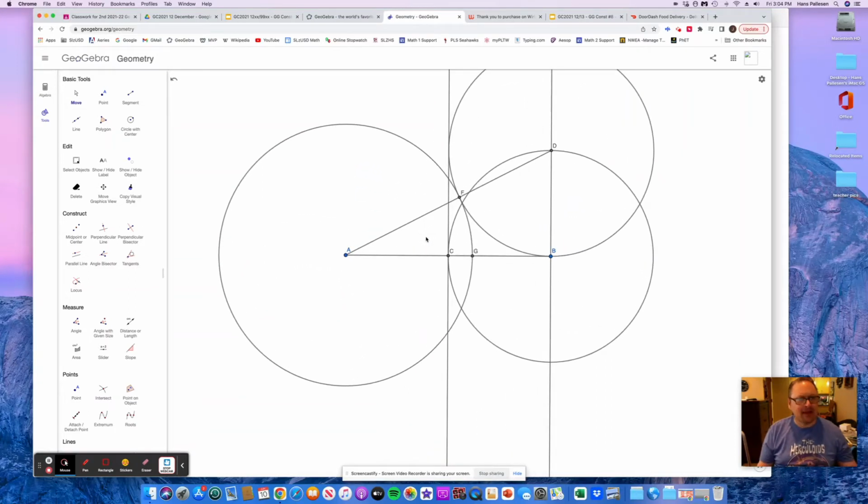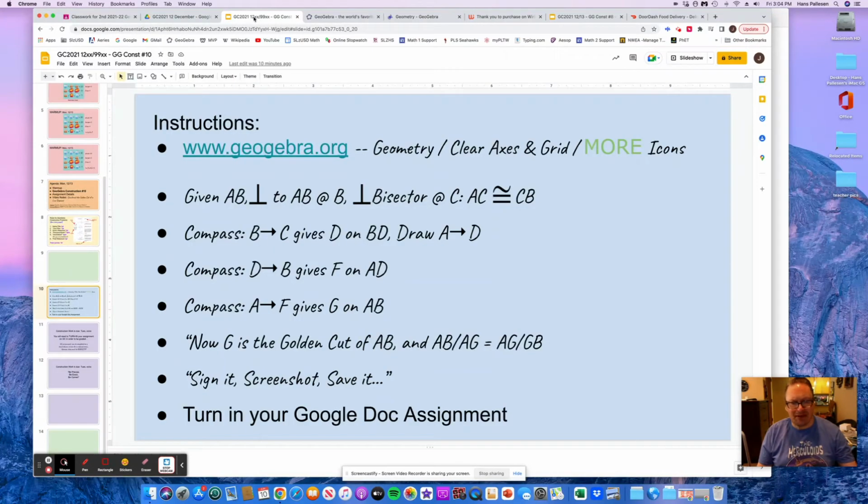Okay, so if everything works out perfect, my final statement should be now G is the golden cut of AB, and AB over AG is equal to AG over GB. So let's write that down.